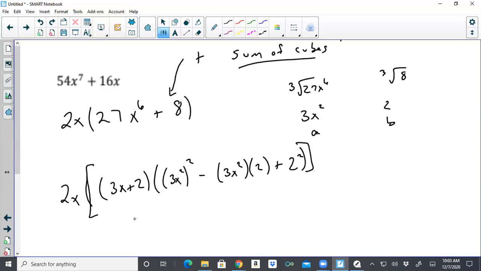And now I just rewrite it so that it's not as jumbled as it was before. So 2x times 3x squared plus 2 times 3x squared squared is going to be 9x to the 4th power, actually, minus 6x squared plus 4. And that thing is factored.